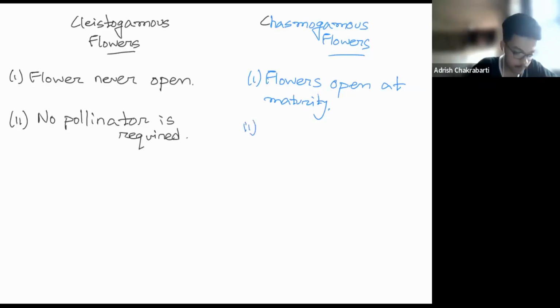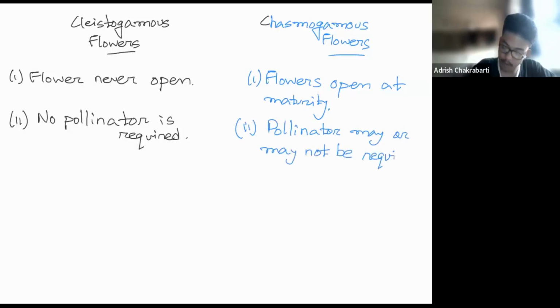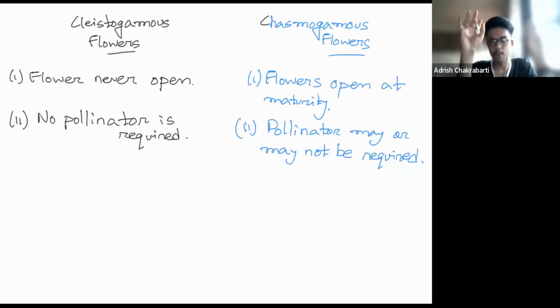And in case of chasmogamous flowers, a pollinator may or may not be required. So why are we saying may or may not be required? In case of chasmogamous flowers, the flowers open at maturity. If that particular chasmogamous flower is bisexual, the pollen is going to be released from the anther.